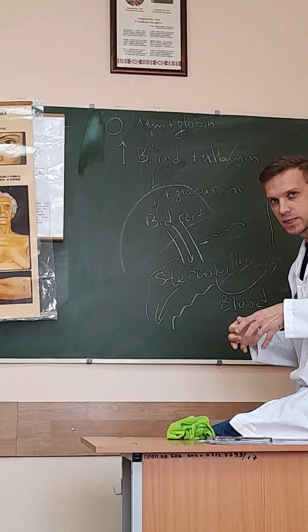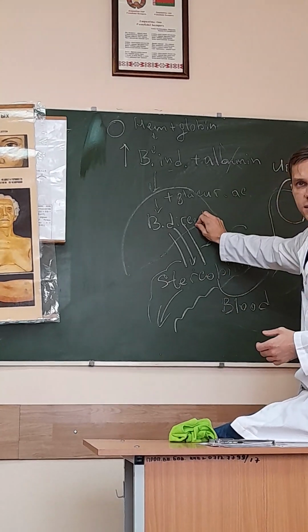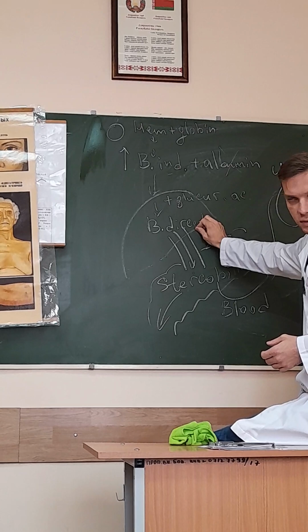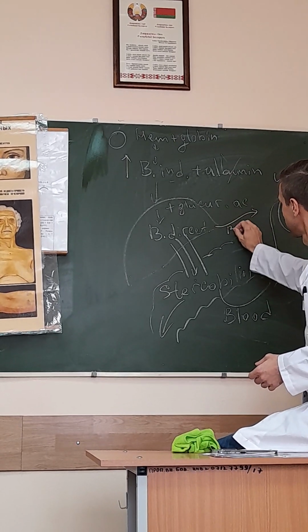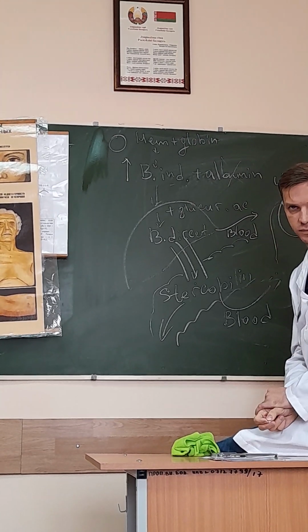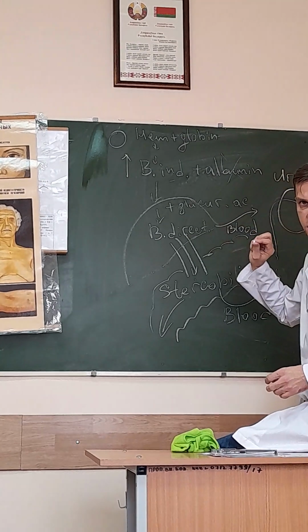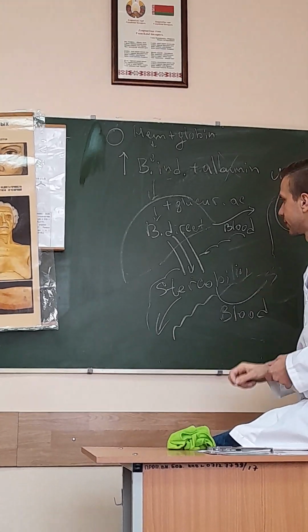Components of hepatocytes will go to the blood. One of the components is direct bilirubin. That's why direct bilirubin will go to the blood and will increase too. So we will see increased both direct and indirect bilirubin.